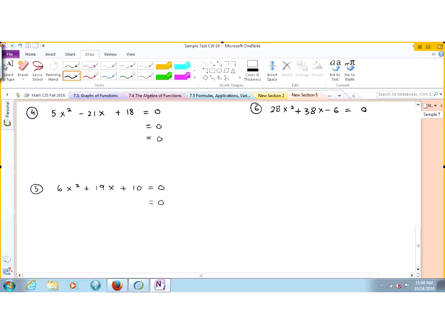So factor out the greatest common factor first. And the last one, number 7, negative 6x squared minus 33x minus 15 is equal to 0. All right.